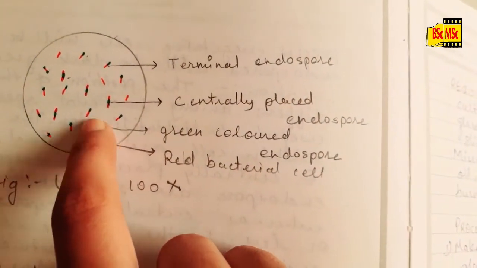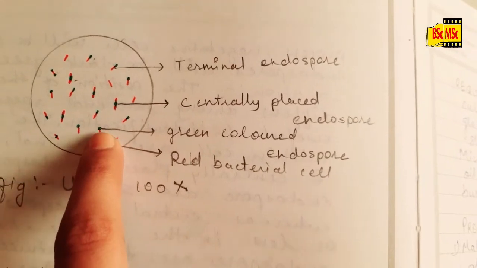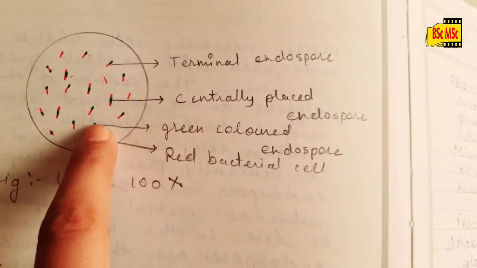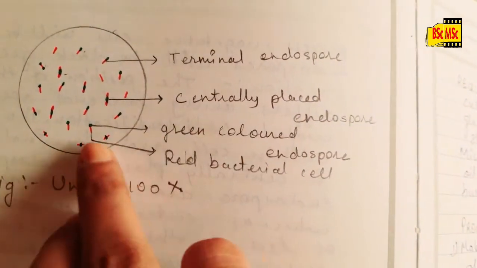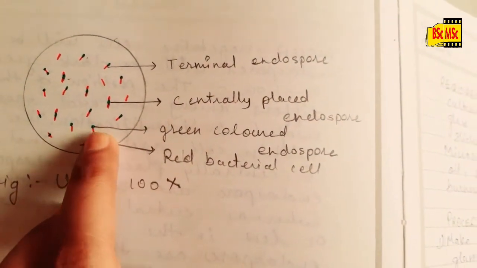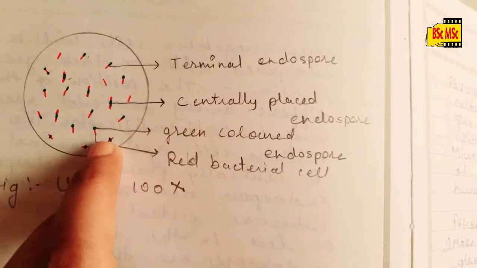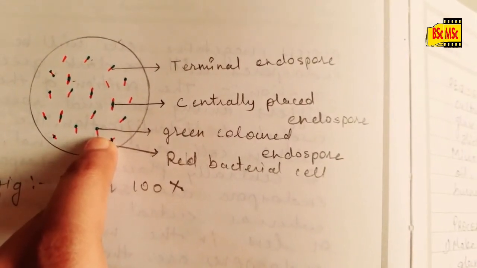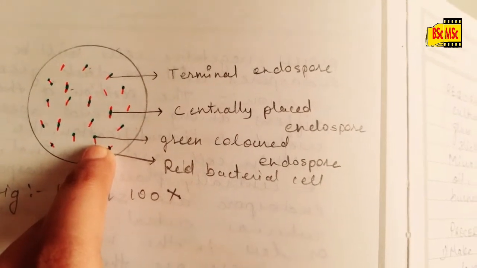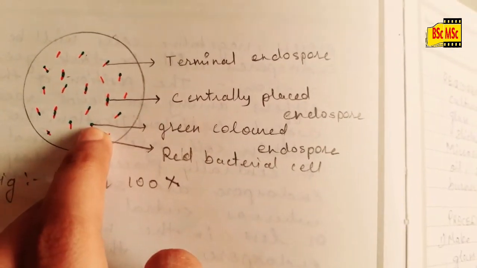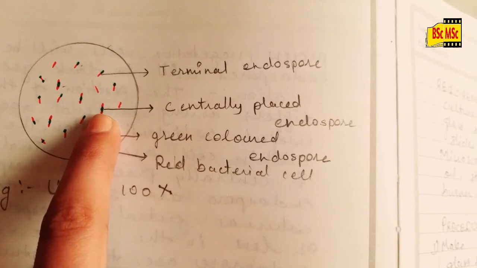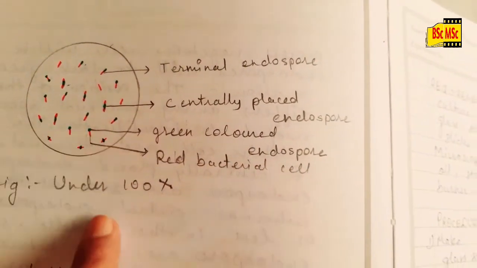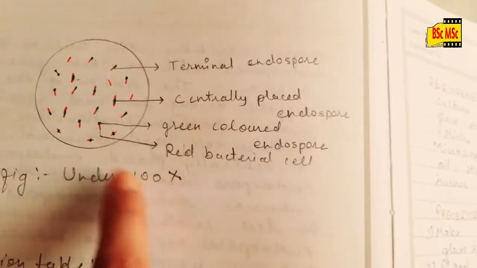You can see the rod shape of the bacteria and this green color, because the spore coat has taken up the malachite green stain, and this is typically the endospore, and it is at the end. The pink cells you can see are because of the safranin stain. This one is located terminally and this is centrally located. This kind of observation you can easily see under 100x oil immersion.